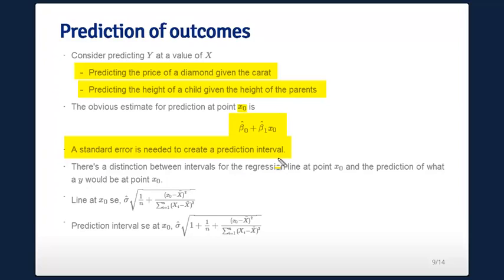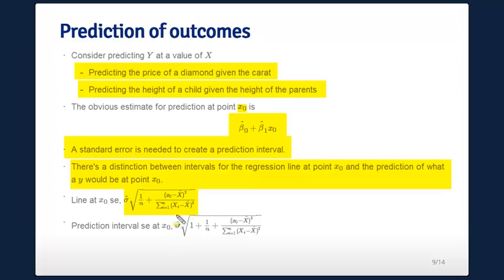There's a kind of subtle distinction between intervals for the regression line at point x naught and a prediction of what a y would be at point x naught. And I think a picture will help describe this. So at any rate, for the line, we get this standard error right there, and you can plug directly into it.